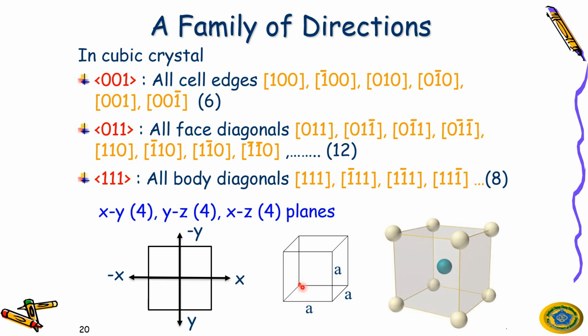If you talk about the xy plane, above the xy plane there are 4 members, right? 1 back here. 1, 2, 3, 4. And below the xy plane there are another 4. So you have 8 members in the family. Okay? Hope you understand this. Okay? If you don't, you are welcome to come to me.